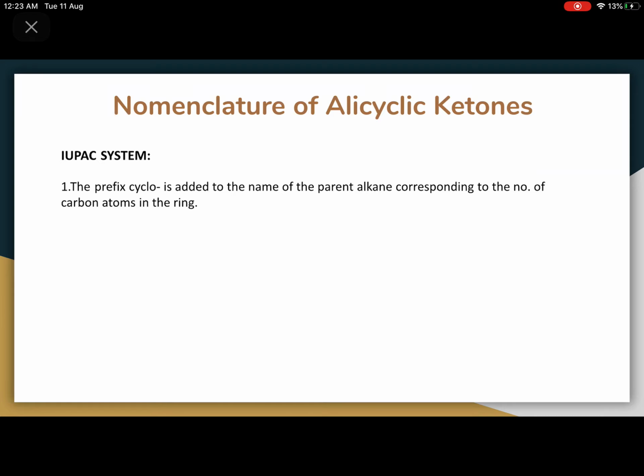So first we have to use the prefix cyclo. Second, in the name of the cycloalkane the letter E is replaced by the suffix ONE.